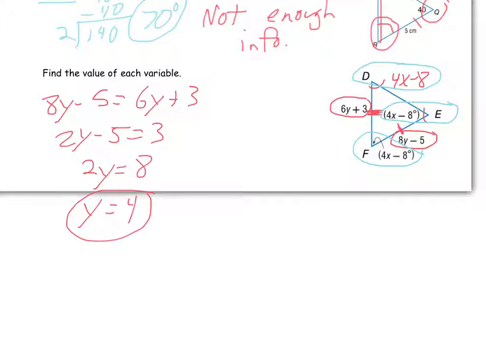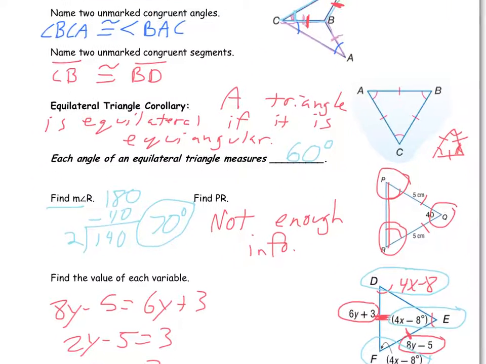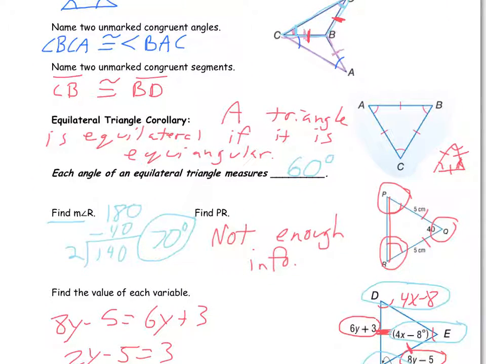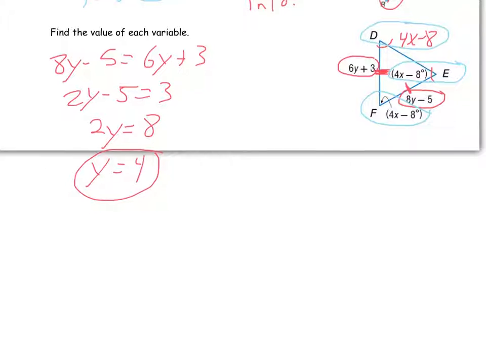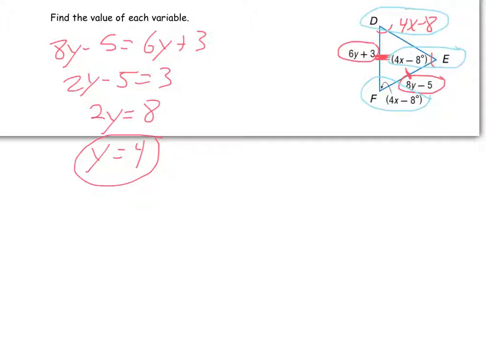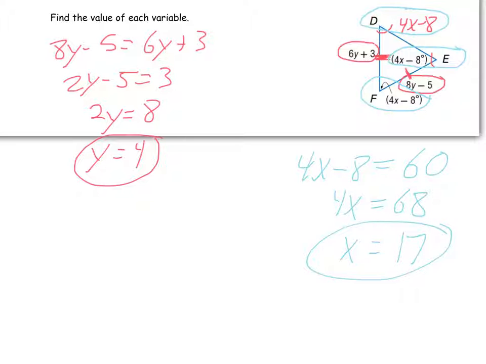The triangle is equiangular, which, remember, each angle of an equilateral or equiangular triangle is 60 degrees. That means, in this picture, 4x minus 8 equals 60 degrees. And then we just solve for x. Add 8 to both sides, divide by 4, and x equals 17.